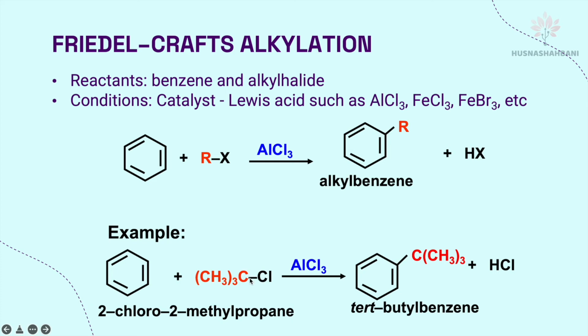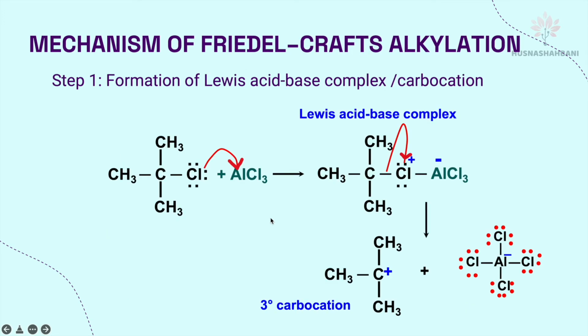Whichever carbon was attached to the halogen initially, that carbon will be attached to the benzene ring in the product. And the side product is HCl. This is Friedel-Crafts alkylation, meaning you attach an alkyl group to the aromatic ring in the presence of a Lewis acid catalyst.